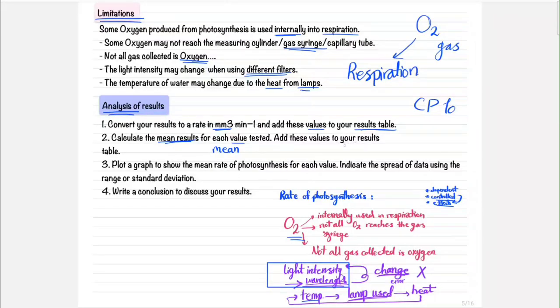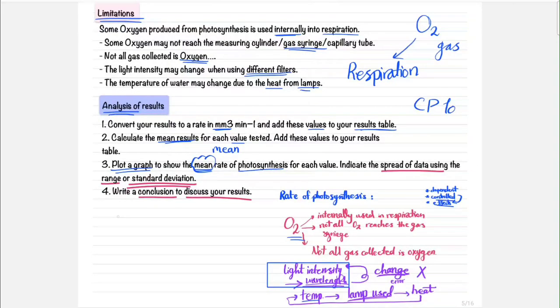Plot a graph to show the mean rate of photosynthesis for each value and indicate the spread of data using the range or standard deviation. Write a conclusion to discuss your results.